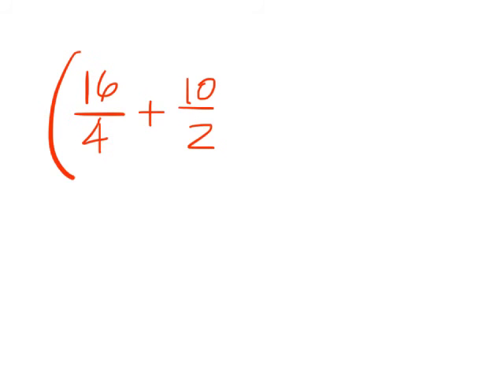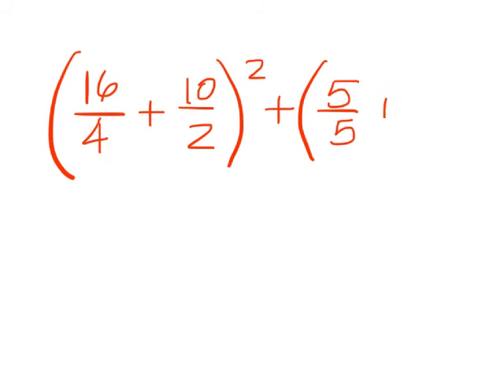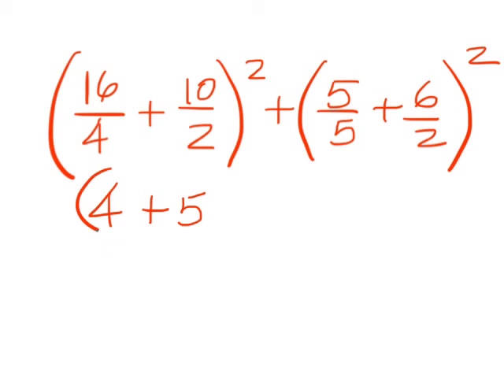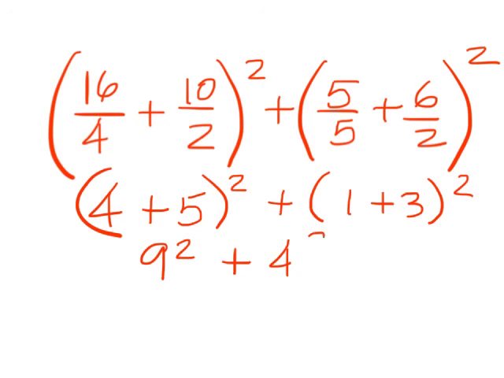Here's a bonus. To solve this bonus, it's simply division all the way through. That's 4 and 5. And then over here, this is 1 and 3. Add them together. That would be 81 plus 16, which is 97.